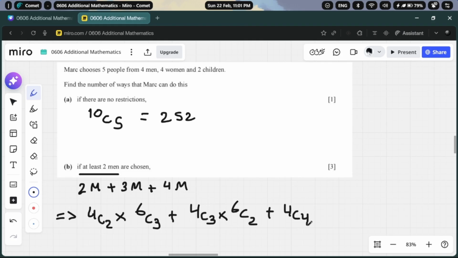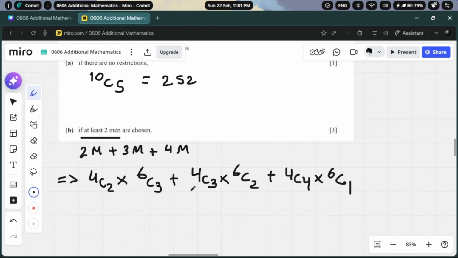Then you have 4C4 times 6C1. Now, adding all of this up would give you 186.